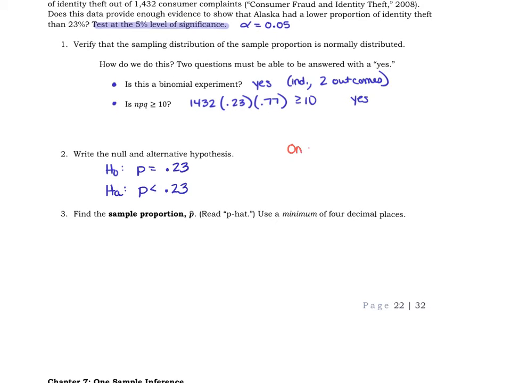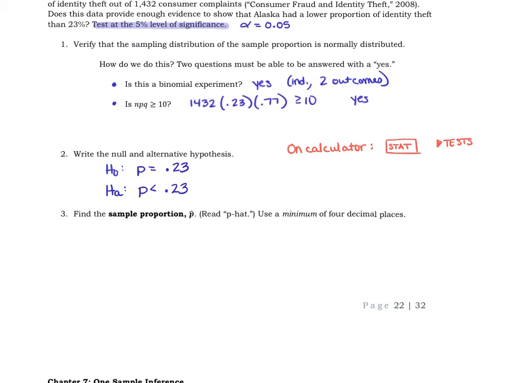Okay, so on your calculator, how do we do this? Because our calculator is going to give us almost every one of these values that we need. So the first thing you're going to do is hit your stat button. And again, those of you without the TI 83, 84, you'll have to look around to see where yours is, okay? Then you're going to arrow over so that tests is selected.